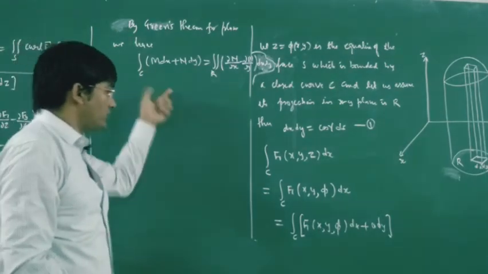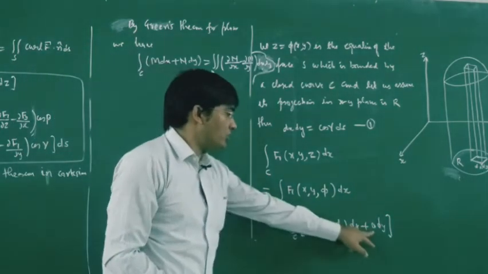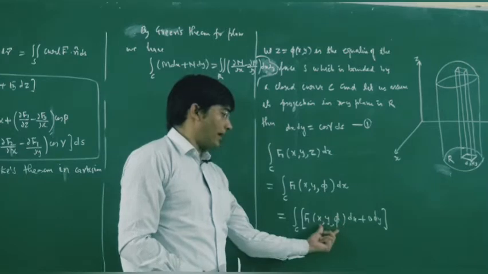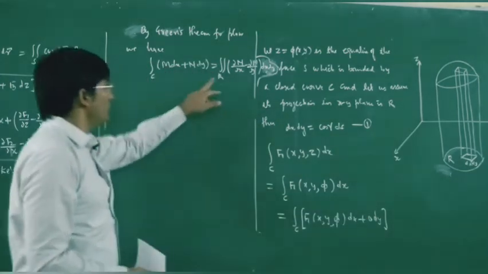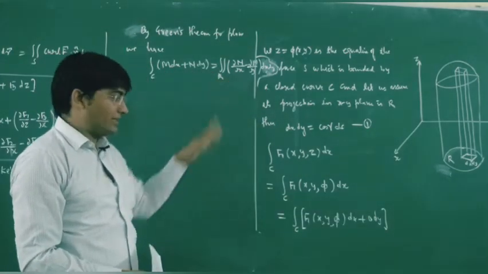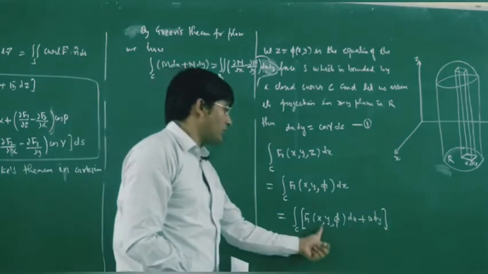Now with the help of this Green's theorem, say this is your M, this is your N. So the first term will be your del N upon del x, that is 0, and minus del M upon del y.